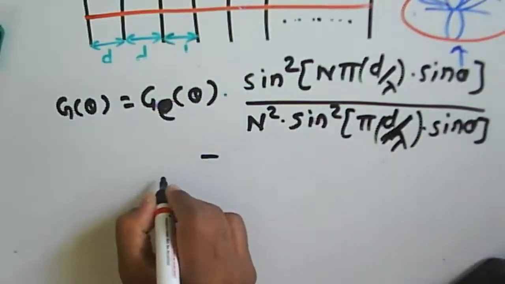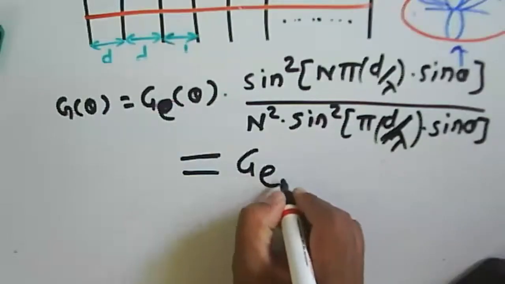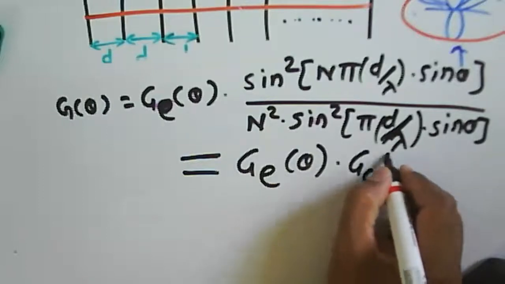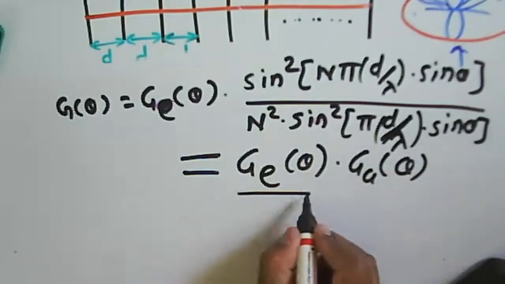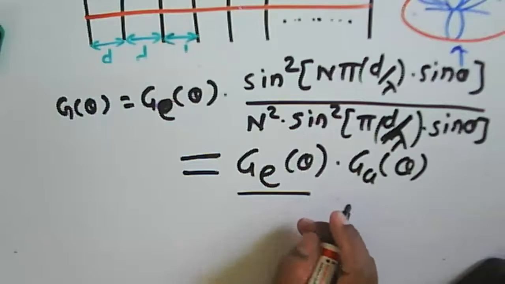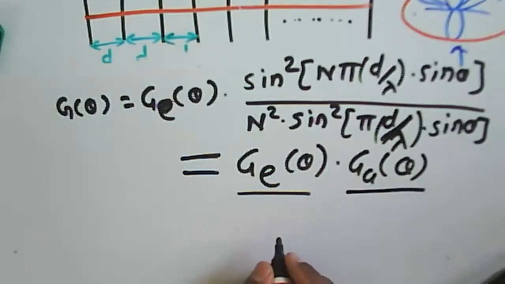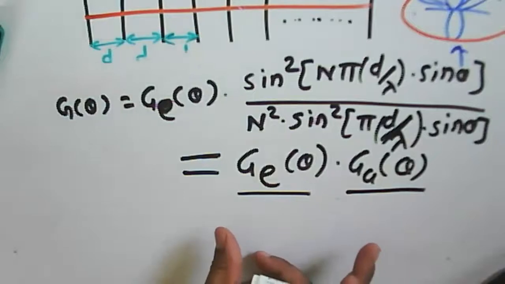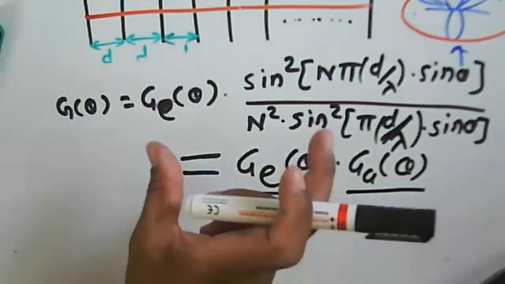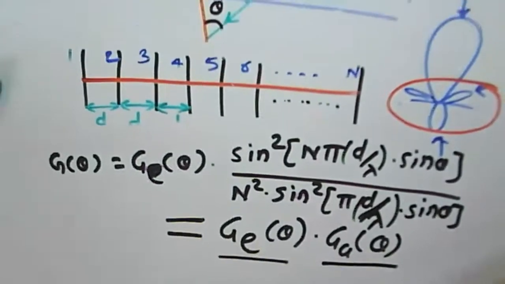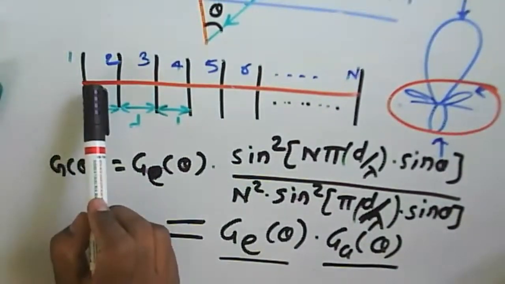So this one is nothing but what? We have g e of theta and g a of theta. This g e of theta is nothing but the element factor, and this is nothing but the array factor. That array factor is in terms of the individual element of the radiation here.